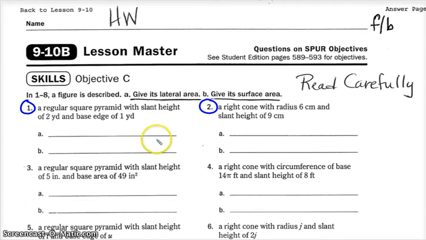For question number 1, you should have found that the lateral area is equal to 4 yards squared. The surface area is equal to 5 yards squared.